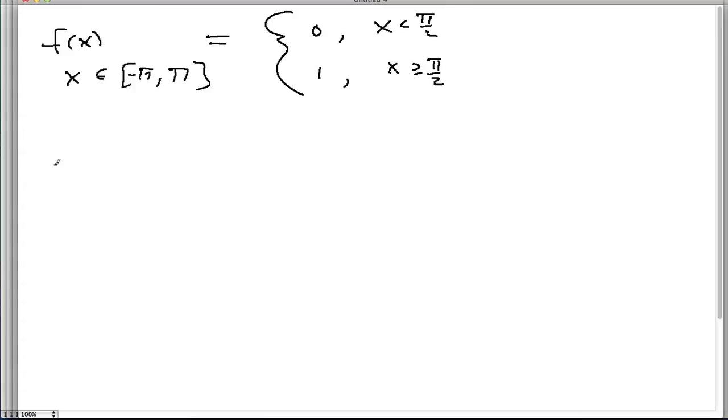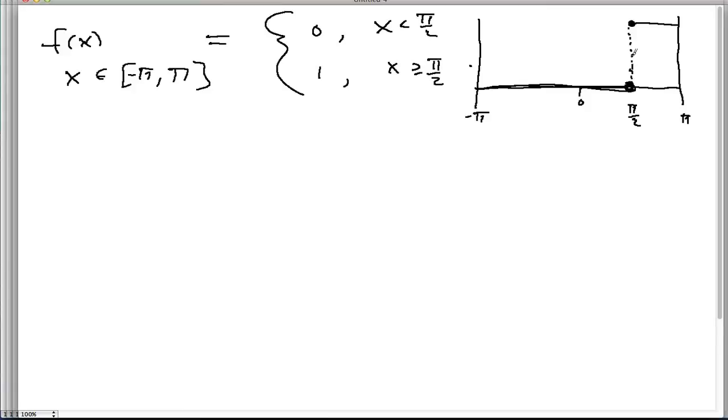All right, so what does this function look like? If we were to draw it, here's 0, there's negative pi, and there's pi over 2, and it's going to be 1 for all of those values, and it's going to be 0 for all of these values. Okay? All right, so we can put a little dotted line there.